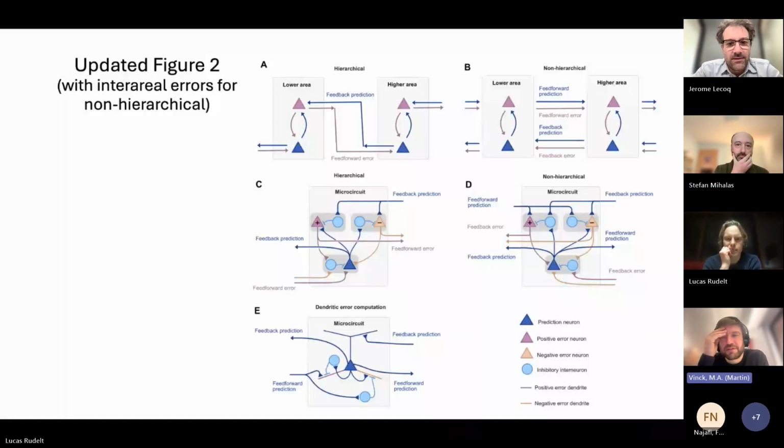Maybe commenting on Stefano's comment, there's always a confusion between representation and prediction, right? Because in the classic Rao-Ballard model, you have representational units, you have error units, and you have predictions. So, for example, here in panel E, in a strict sense, the feed forward becomes a prediction once it's actually converted into, for example, the lateral inhibition.